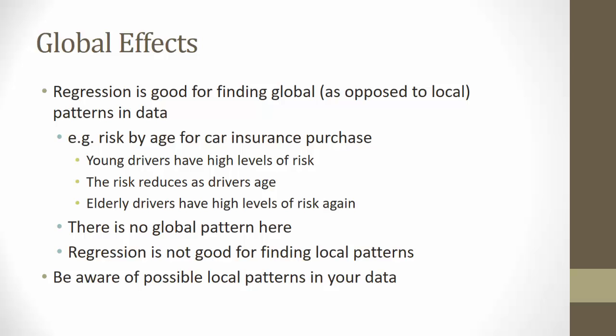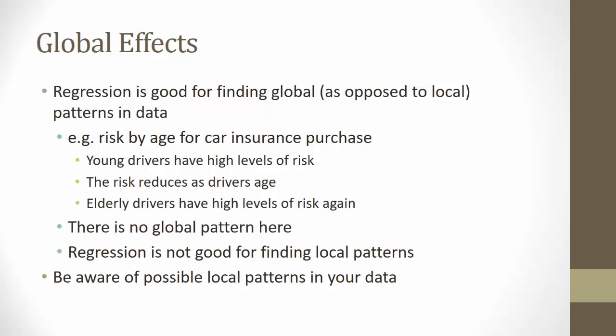But that is not always correct. At some point in your age, again, the risk of getting involved in an accident increases. Regression is incapable of finding that. You know that older people above 65 start becoming more dangerous. They start being involved in more accidents. So not always as you age does your risk decrease. At some point, it starts increasing again.